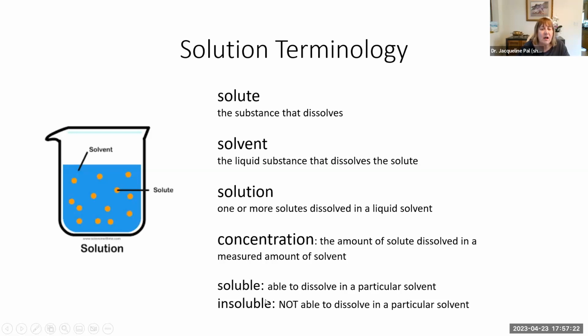But say it dissolves in water but doesn't dissolve in a different liquid, then it would be insoluble to that particular solvent. So just because it can dissolve in one liquid doesn't mean it can dissolve in every liquid.